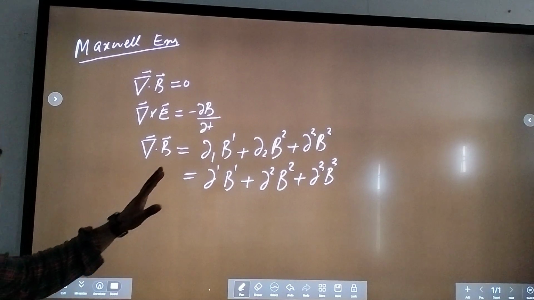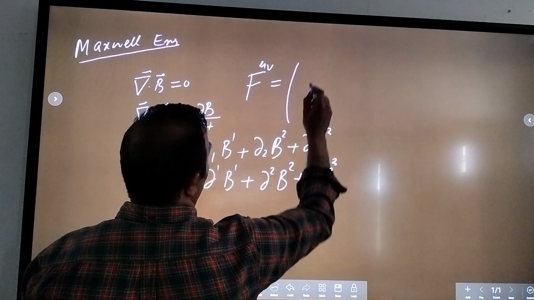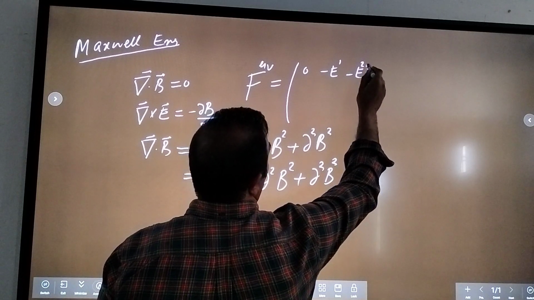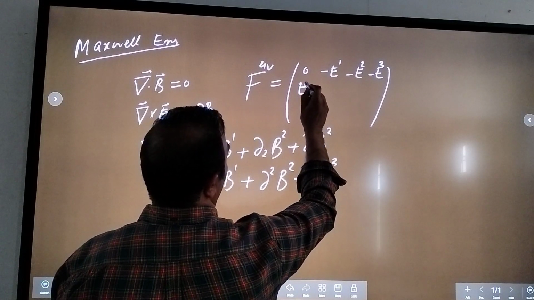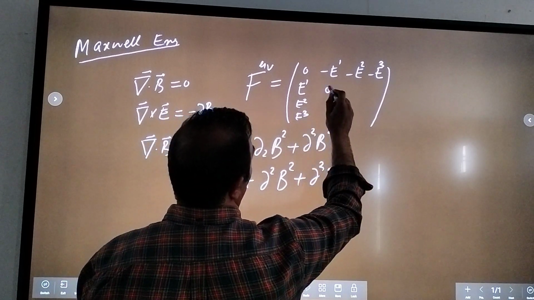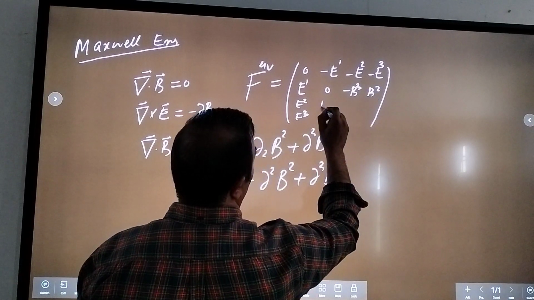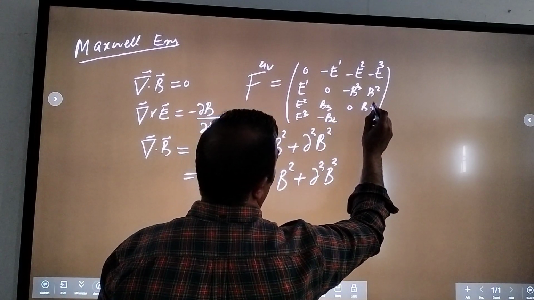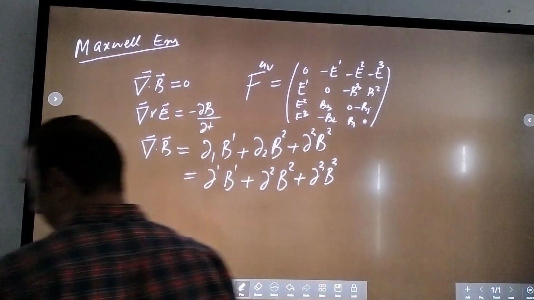Okay, so we know that we have this F mu nu, it is known to us that F mu nu is equal to 0, minus e1, e2. Okay, this is e1, e2. Okay, I think it's correct.